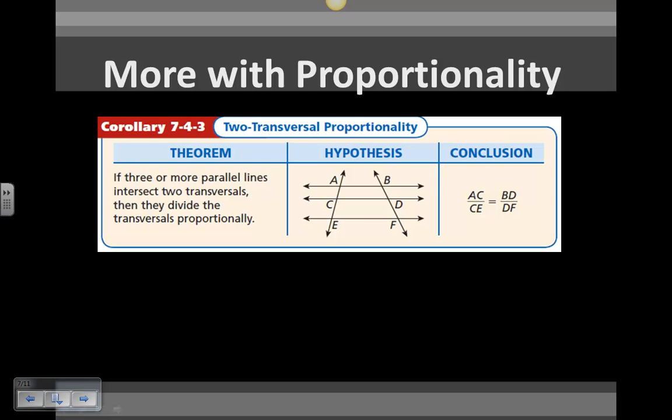Another theorem, or maybe I should say a corollary, a result of the triangle proportionality theorem, is called the two transversal proportionality.